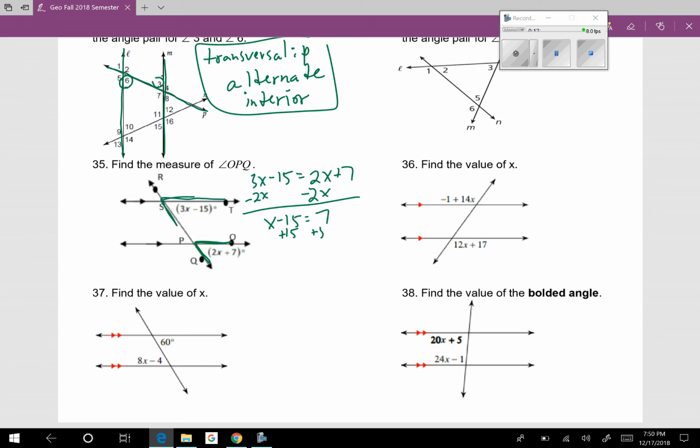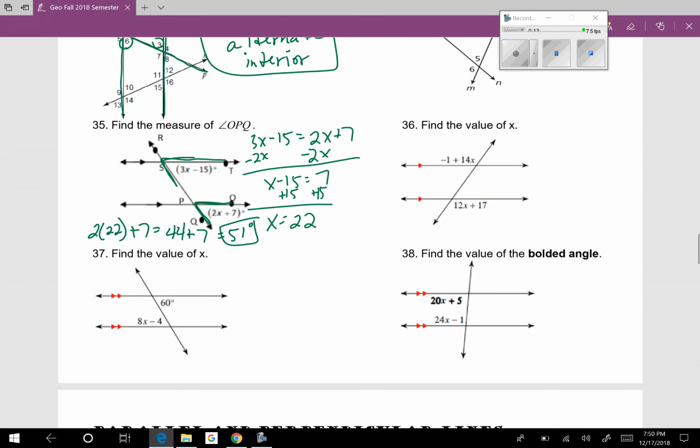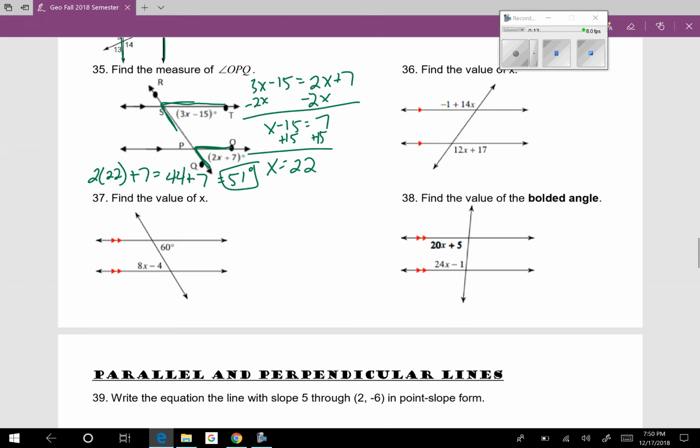Add 15 on both sides. And so you get x is 22. Now we need angle OPQ, so we got to plug in here. So 2 times 22 plus 7. So that's 44 plus 7. So we get 51 degrees. That's angle OPQ.